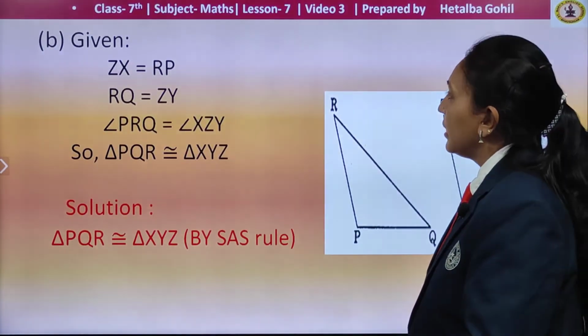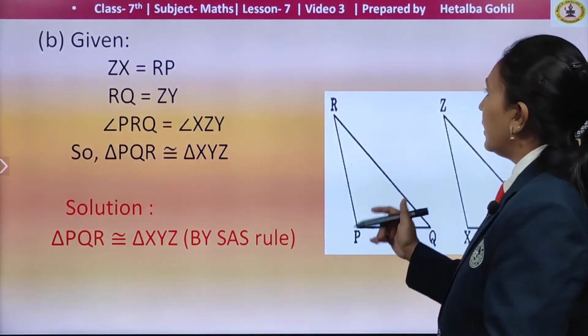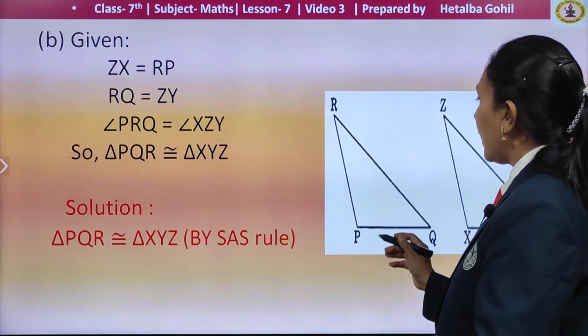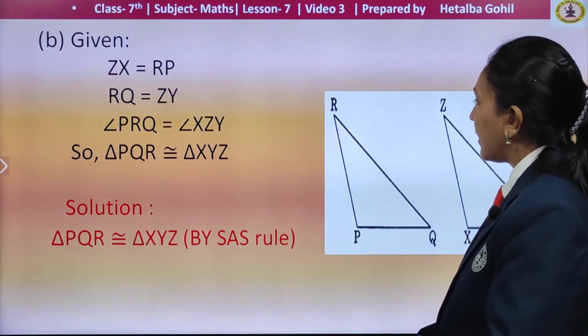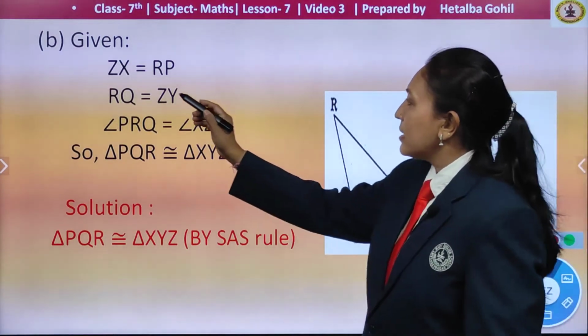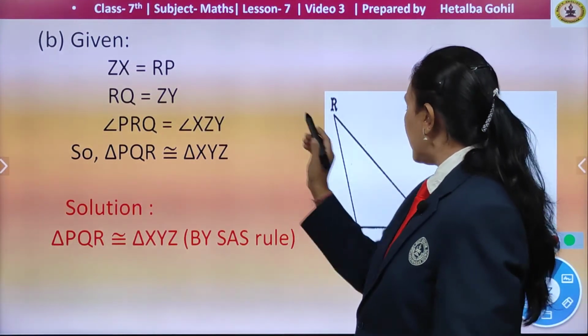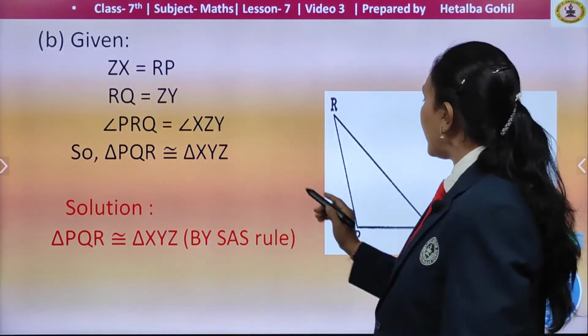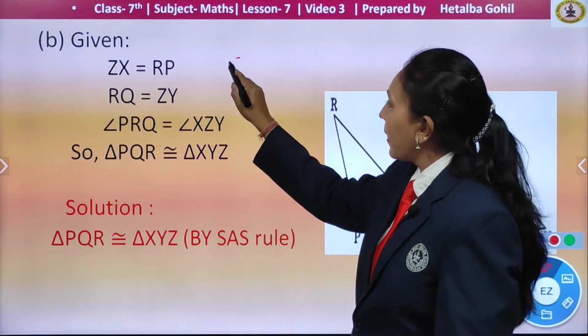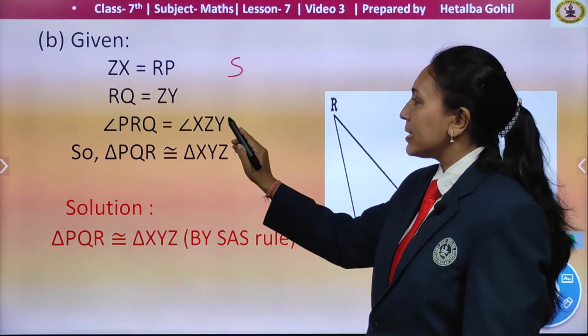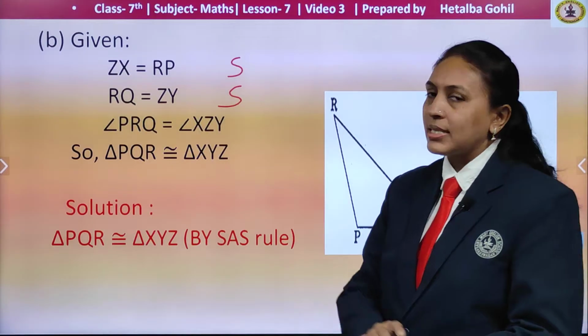Second question. Here the given figure, that is triangle PQR and triangle XYZ. Now in that ZX is equal to RP. ZX and RP are the side here. Then RQ and ZY, that is again another side.